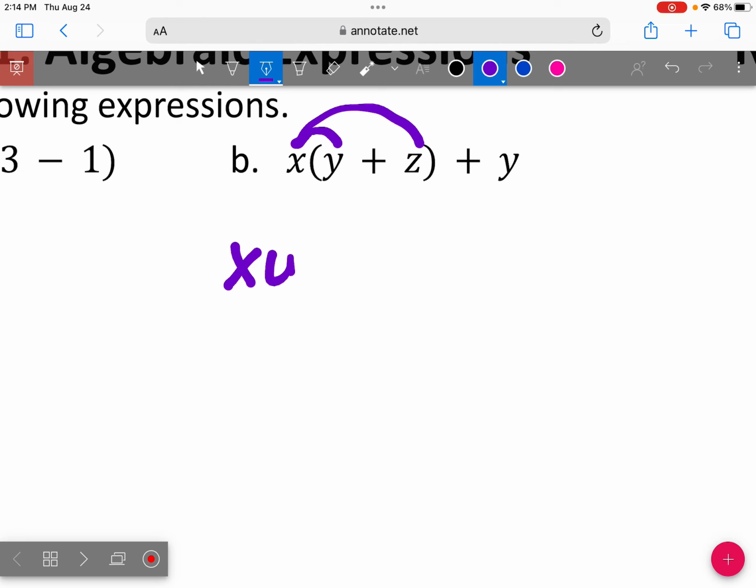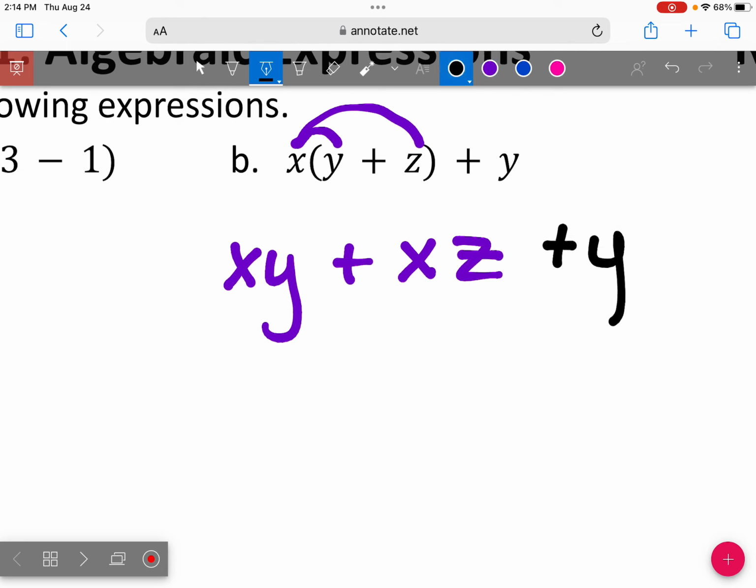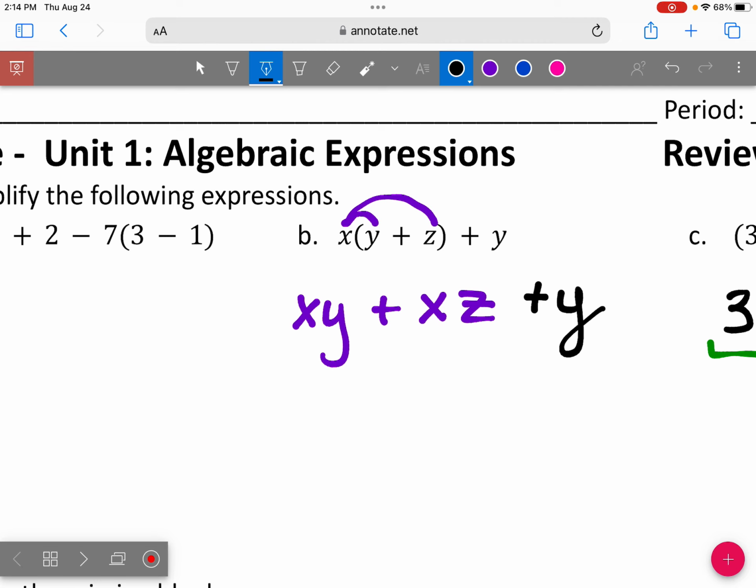X, Y, plus X, Z. And that plus Y just pops down. Can I simplify that any further? No. Please do not smash things together that are not the same. Okay.